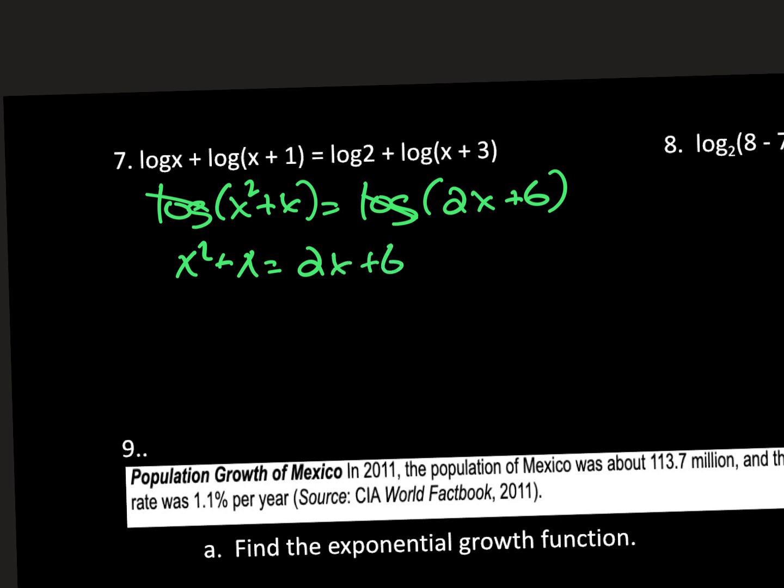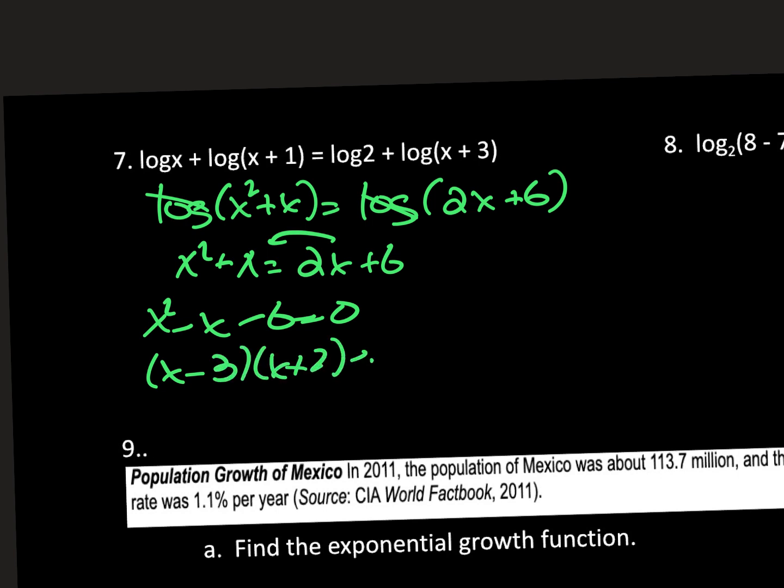Because I have an x squared, I'm probably going to have to factor, so I'm moving everything over. X squared minus x minus 6 is 0. Factor that, x minus 3 times x plus 2 is 0. So I get two answers, 3 and negative 2, except if I plug negative 2 in that very first log or in this one, they both become negative, so that don't work. The 3 looks pretty good, so I'm going to keep the 3.